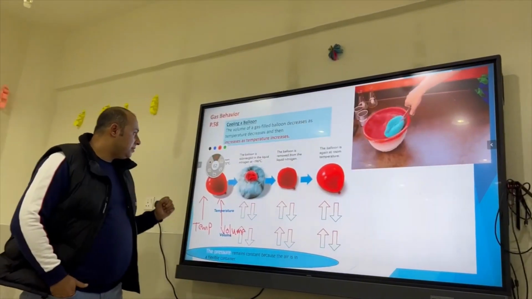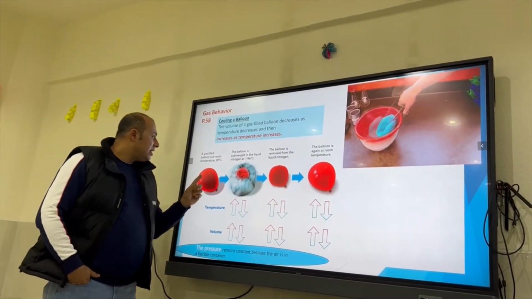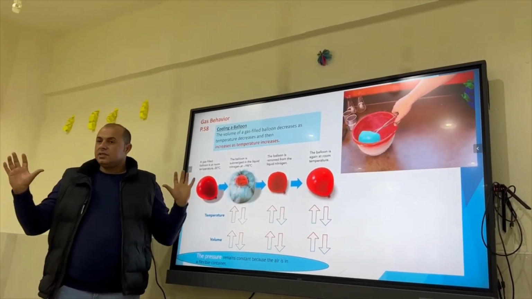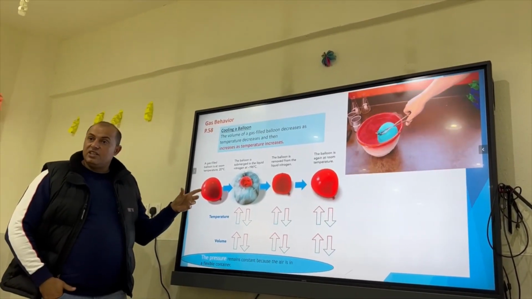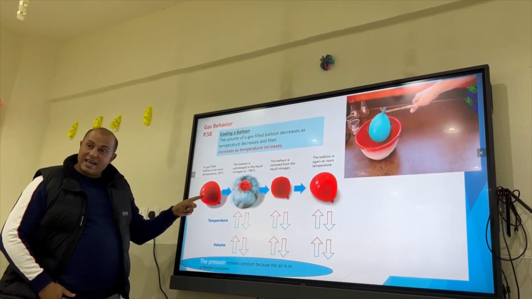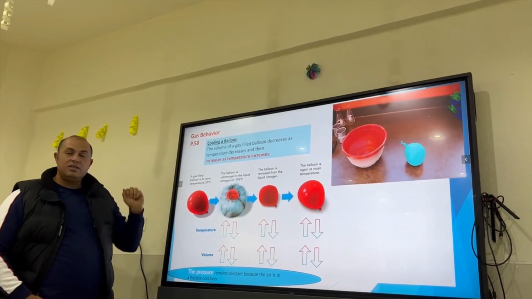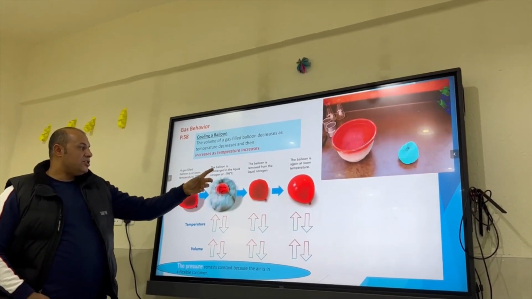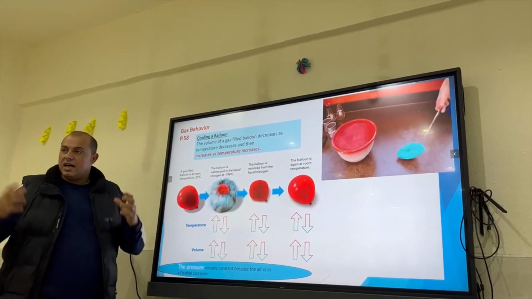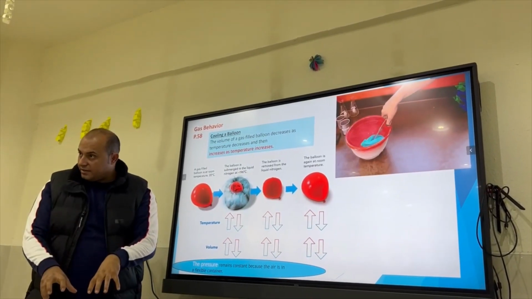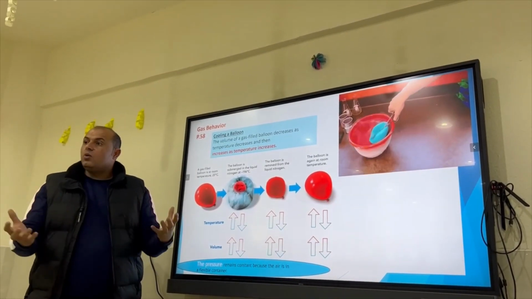Look, a gas-filled balloon is at room temperature, so the temperature of the gas inside this balloon is 20 Celsius. I will bring this balloon and submerge it into liquid nitrogen.